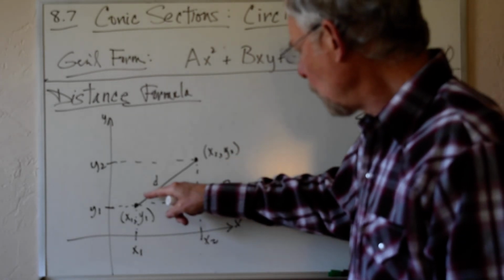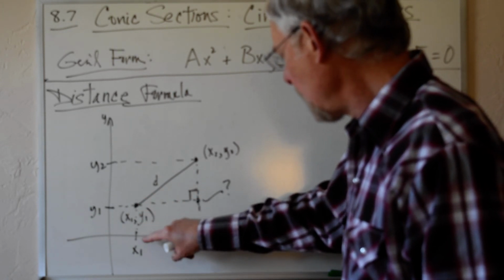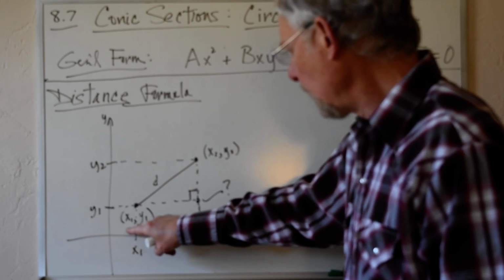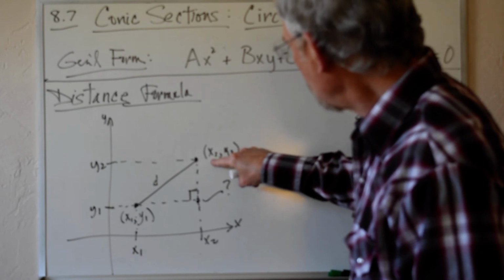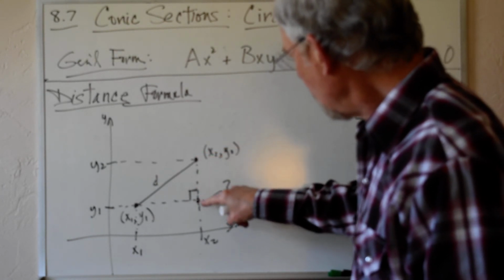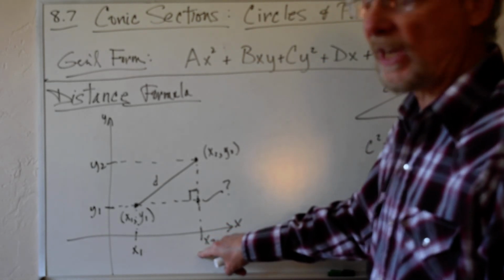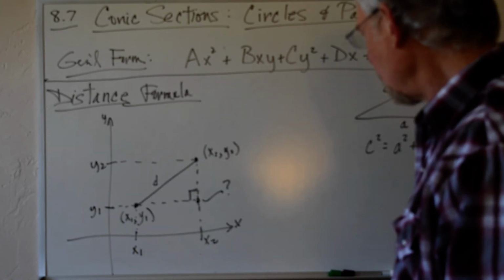Now let's visualize some vertical dashed lines. This one goes down here. It hits the x-axis at x1, in other words, the x-coordinate of this point. The x-coordinate of this point is x2, so a vertical line going downwards would have to hit the x-axis at x2.